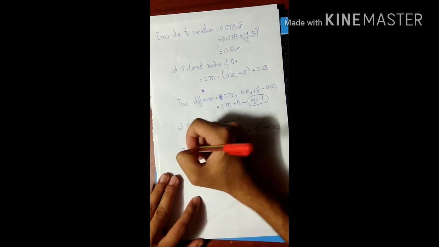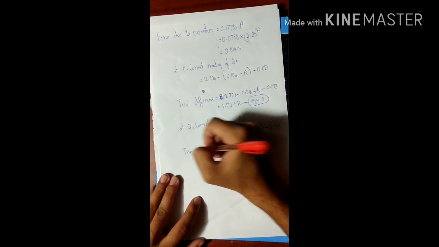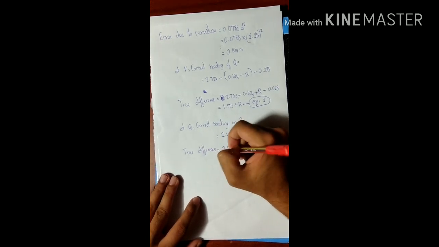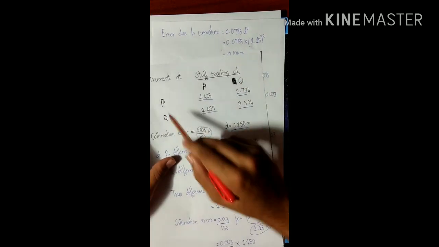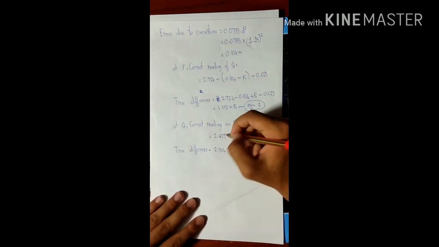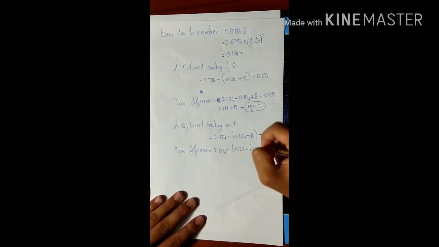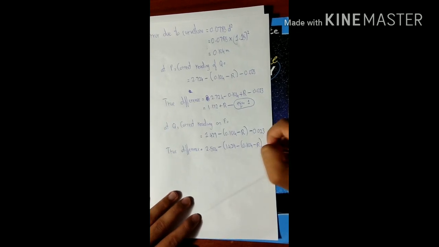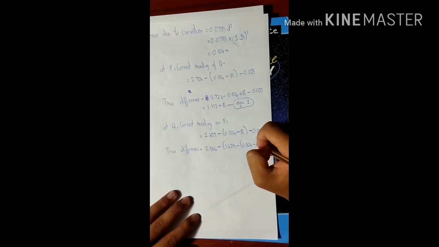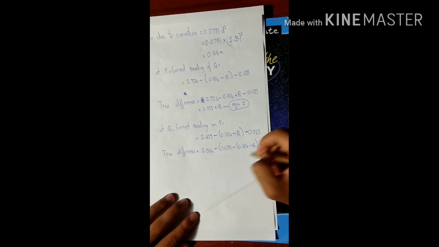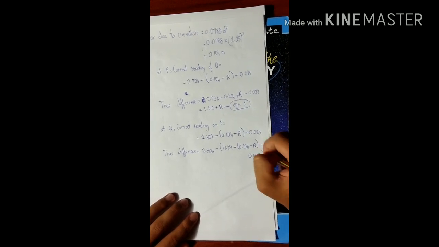Now the true difference in elevation is given by 2.504, that is the staff reading at Q as viewed from Q itself, minus 1.429 minus 0.104 minus R minus 0.023.